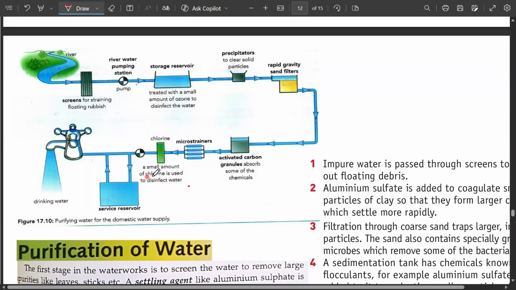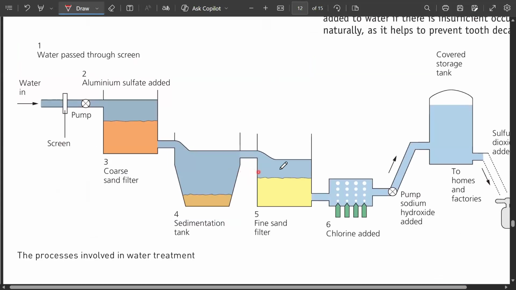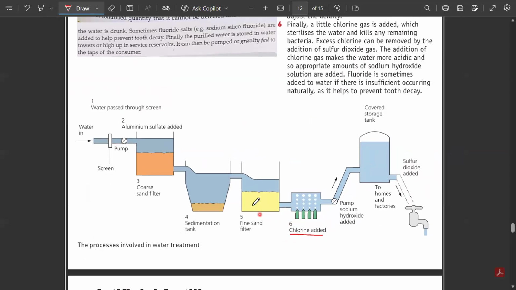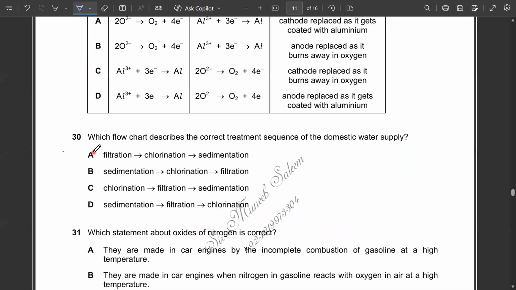This is the chlorination step. Similarly, you can find the same last step mentioned over here. Chlorine added over here. So it cannot be the initial steps. It will always be the final step. So for this reason, A cannot be correct.